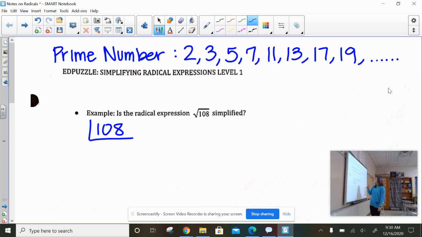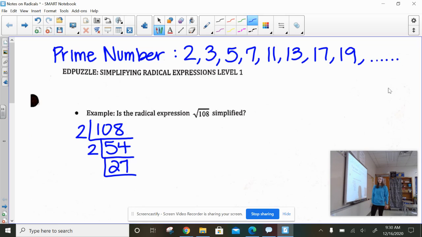I do know I can divide 108 by 2. When you divide 108 by 2, you get 54. So I'm going to put the 54 here. Now I'm going to divide it by another prime number, so I'm going to go with 2 again. When you divide 54 by 2, you get 27.